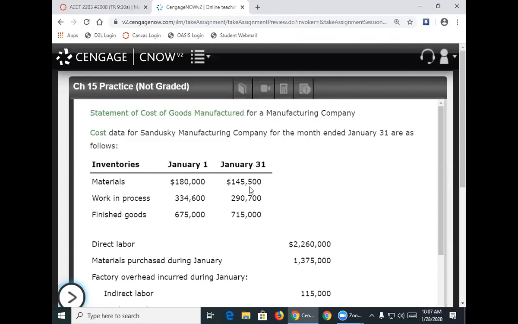So I'm going to start with materials. I'm just going to put in beginning and ending balances on these accounts, so we can start working towards it. On materials, we have a beginning balance January 1 of $180,000, and an ending balance of $145,500.